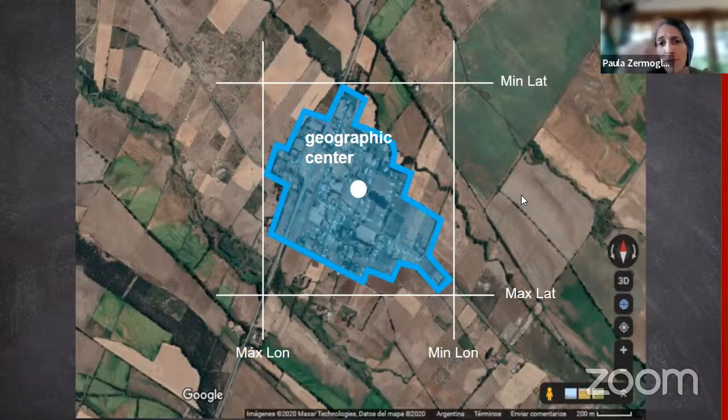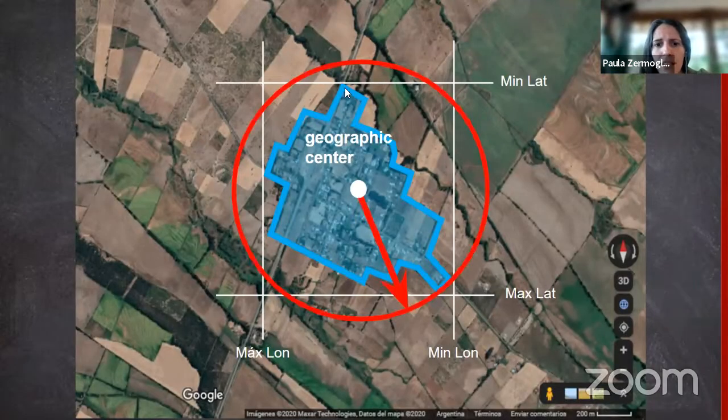If we draw a circle around that geographic center, we'll have a circle like this, right? That is a circle that corresponds to that geographic center, including all the town inside it. And we can set a radius of that circle that goes from the center to the circle itself.